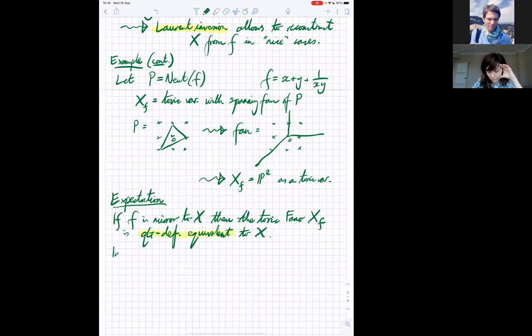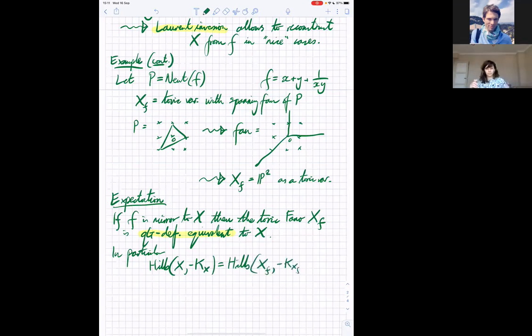And in particular, and I mention this just because it's going to be one of the things we're going to be looking at. In particular, it means they have the same Hilbert series, and of course, by extension, the same anti-canonical degree. Okay.